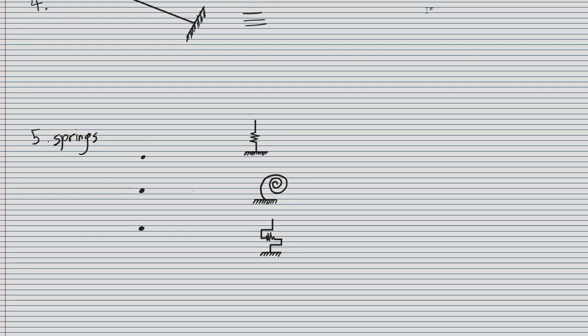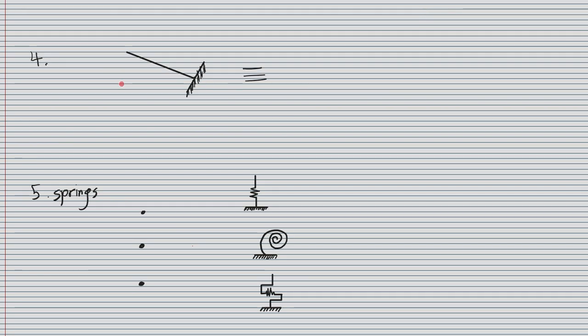The next one is the cable support. It's generally written beside it that it is a cable, or it is said in the question that this is a cable. A cable support is an axial member, and it can only sustain tension. It cannot resist compression. Its reaction can only resist translational movement along its axis and away from the structure, because it can only resist tension. So, like this.